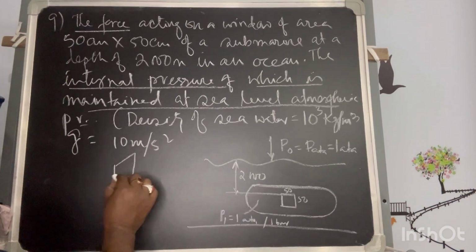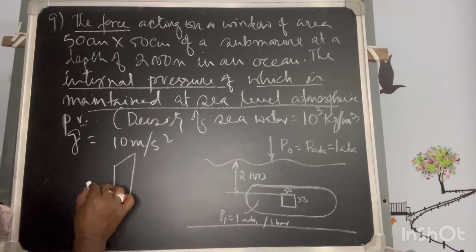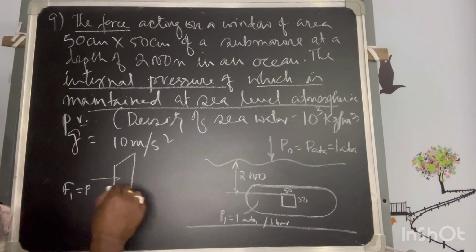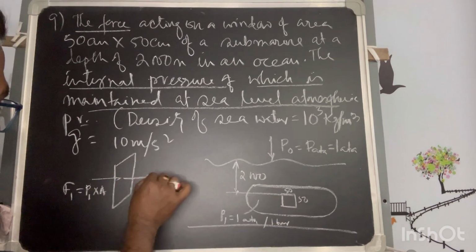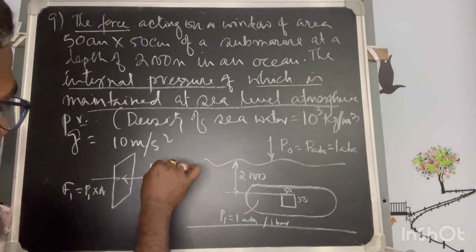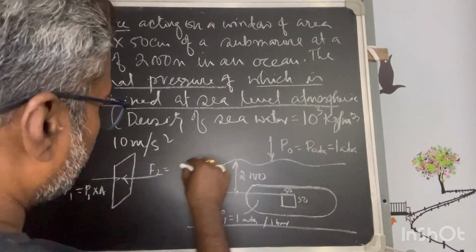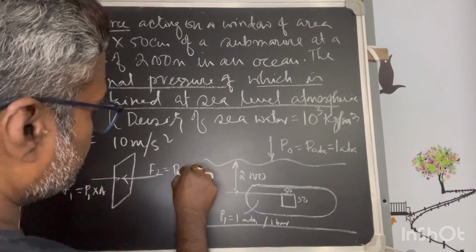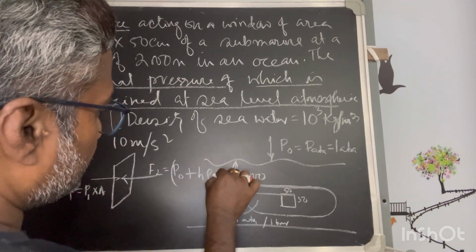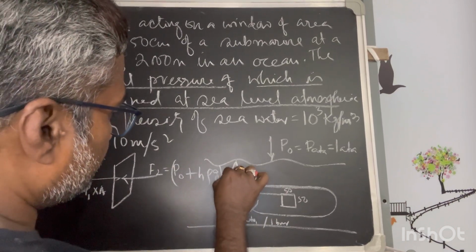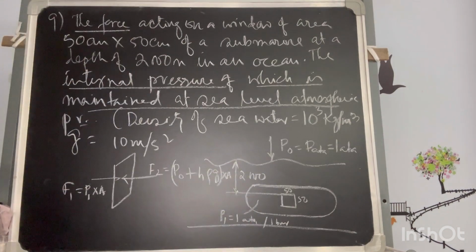From inside, the force F1 is created by the pressure P1 inside into the cross section, and from the other side the force is created due to the atmospheric pressure P0 plus the pressure due to the height, h rho g, into the cross section.